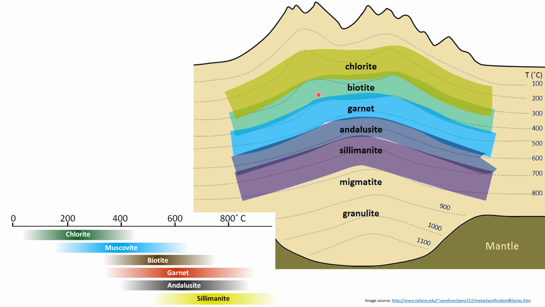These are mostly iron-containing phyllosilicates and nesosilicates. But that's a little deeper, higher pressure, and it's also going to be a little higher temperature, right? Biotite zone. We skipped the muscovite. There's the biotite. I guess that's because we had the iron available.